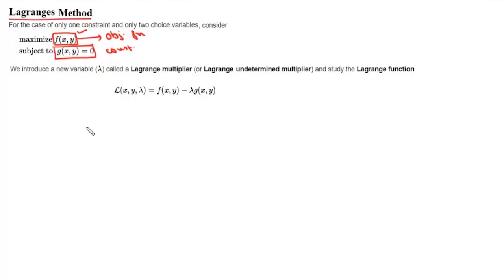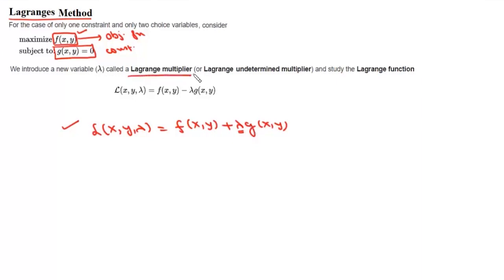Now we solve such questions using Lagrange's method, and in this we define a Lagrange function L(x, y, lambda) as this function f, which in this case is a function in two variables f(x, y), plus or minus lambda times the given constraint, which in this case is g(x, y). This is the Lagrange function, and the variable lambda is called the Lagrange multiplier.